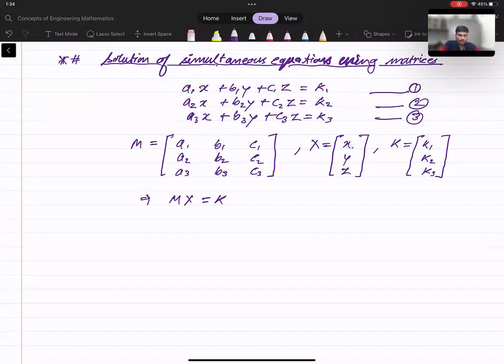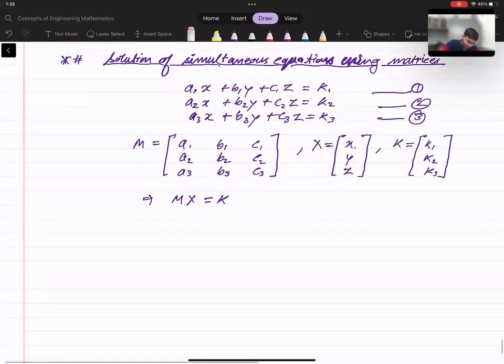Now in this relation, if we pre-multiply with m inverse, let us see what happens. I'm using the term pre-multiplication because I'm multiplying at the very start of both the left hand side and right hand side. Similarly, if we multiply towards the end, then we use the term post-multiplication. Currently I am pre-multiplying with m inverse.